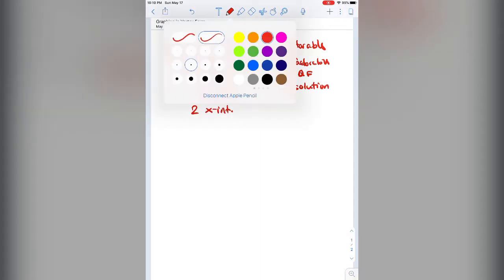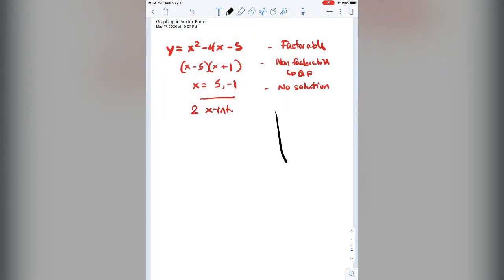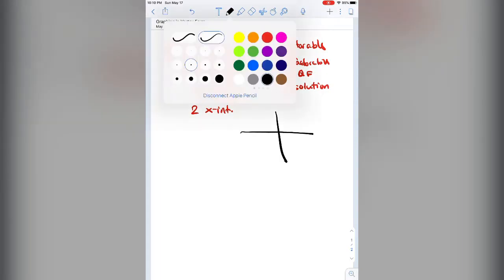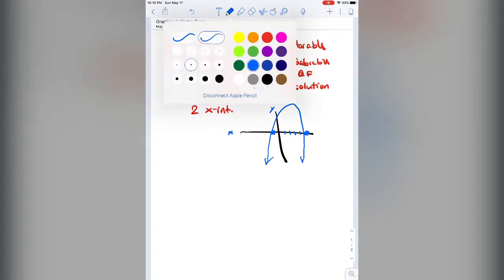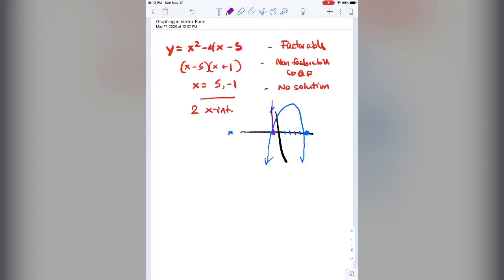So what that means is we have a quadratic function that crosses the x-axis at 5 and -1. What we don't know is, does our quadratic open down like this, or does our quadratic open up like this? But what we do know is that those are our two x-intercepts.